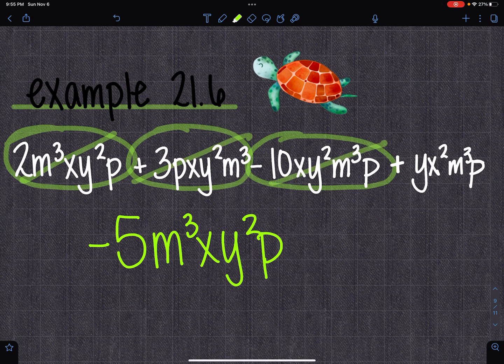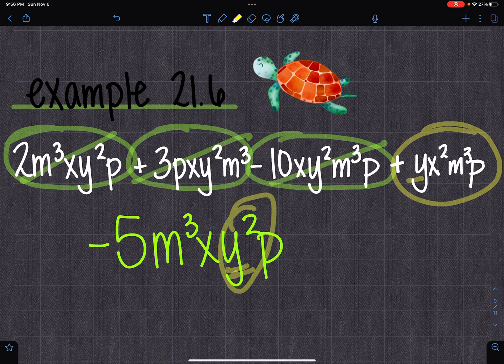All right, now let's look at this last expression because we have not dealt with this one yet because it's not crossed out. We've got a y, which we do have a y here. We have x squared. Oh, no, we don't. We have a single y and a squared y. So that's not going to work. This is not a like term.